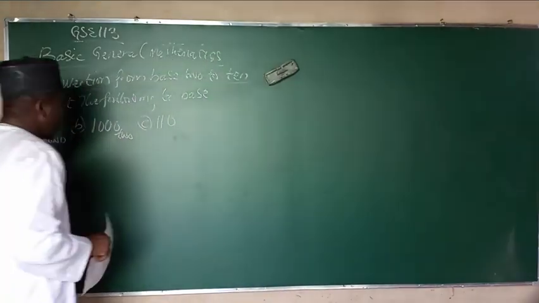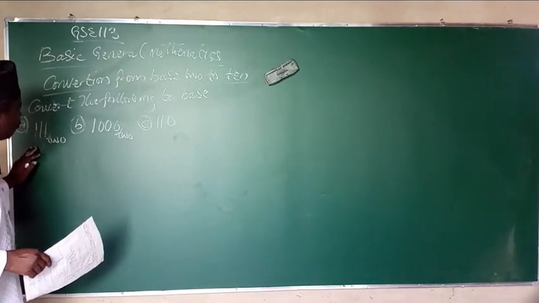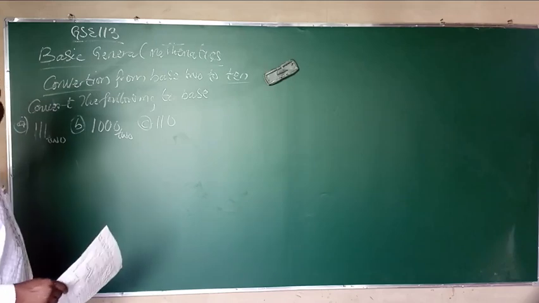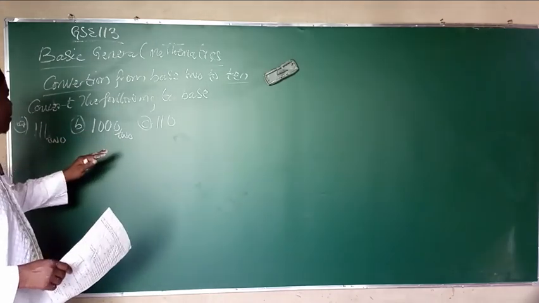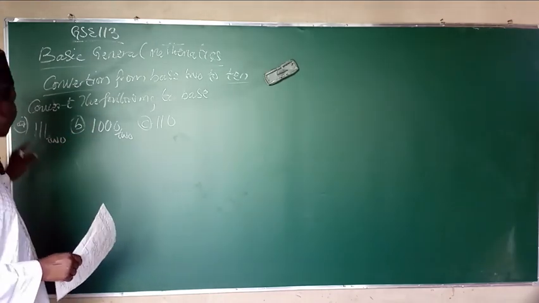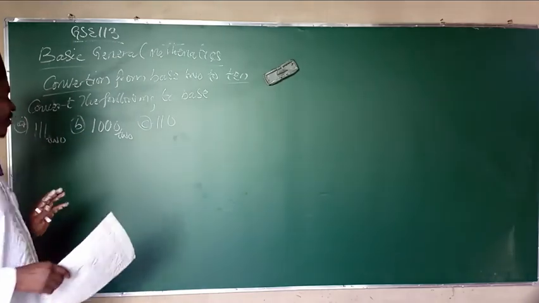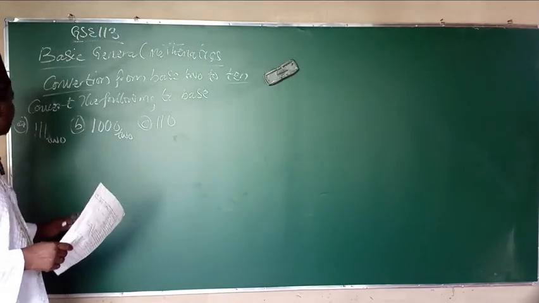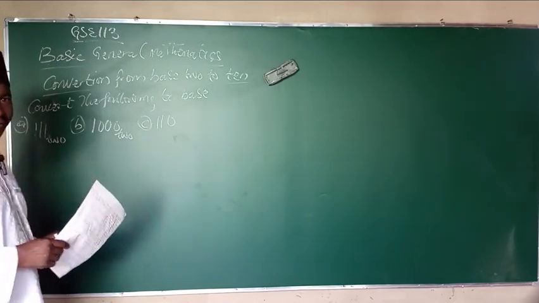So look at the questions we have on the board and we are asked to convert them from base 2 to base 10. Remember I told you earlier that the counting numbers in the number system is done between 0 and 1. There is not any other digit higher than 0 and 1 that is being used in the number system.